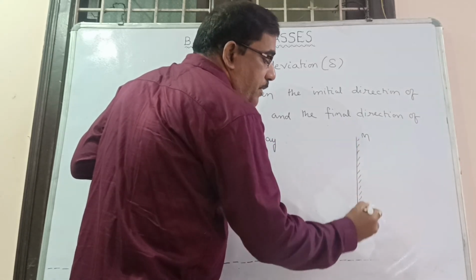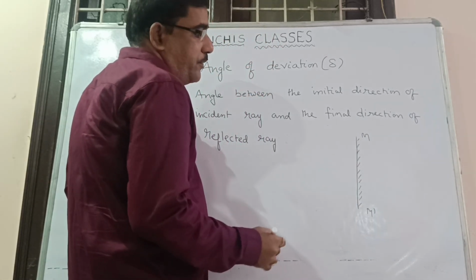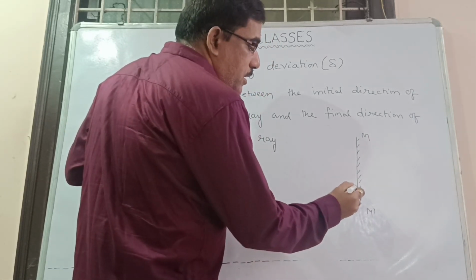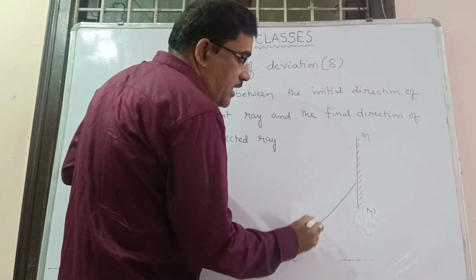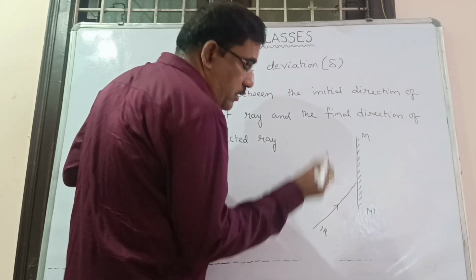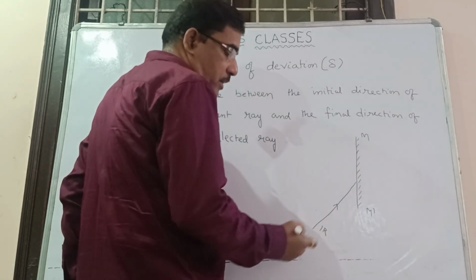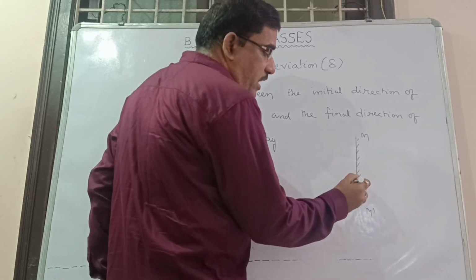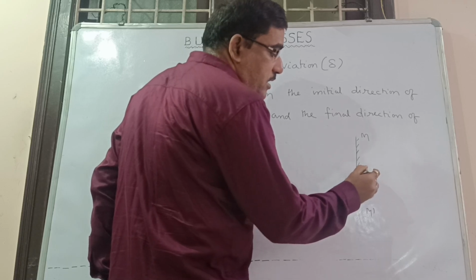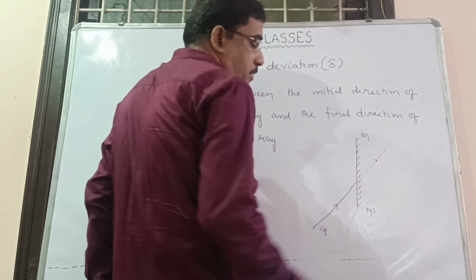M dash is the plane mirror. Suppose this is the incident ray IR. If the mirror is not placed here, the incident ray will approach in this direction directly. This is the direction.